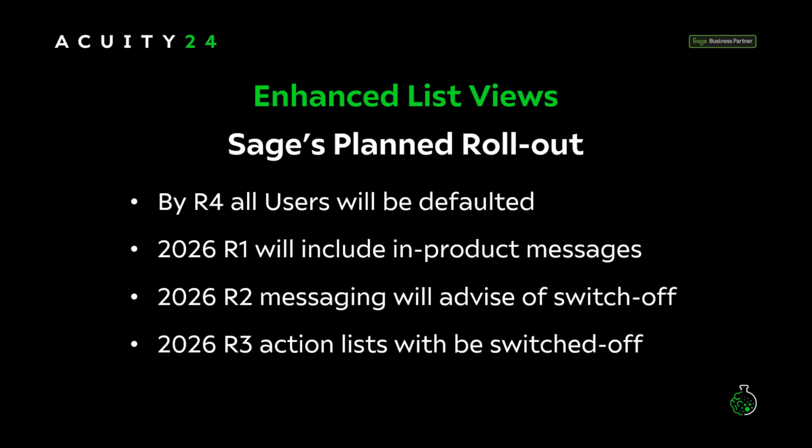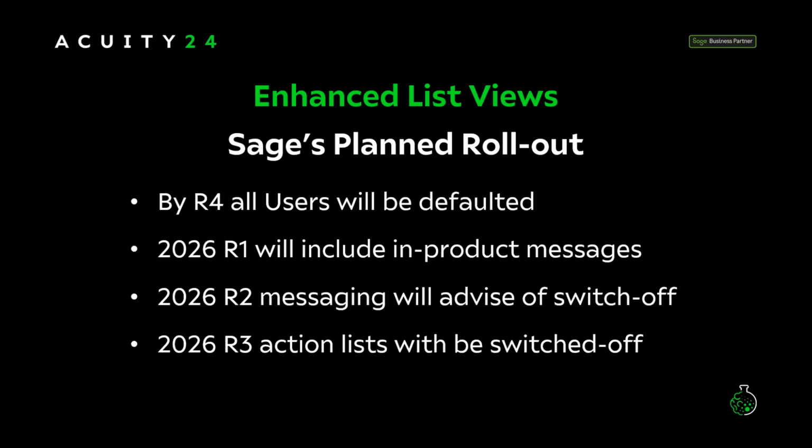However, you will have the ability to switch back to the existing action list view if you wish. By release 1 of 2026, we've yet to get the date on that, but by release 1 of next year, Sage will post in product messages to encourage use of the new enhanced list views.